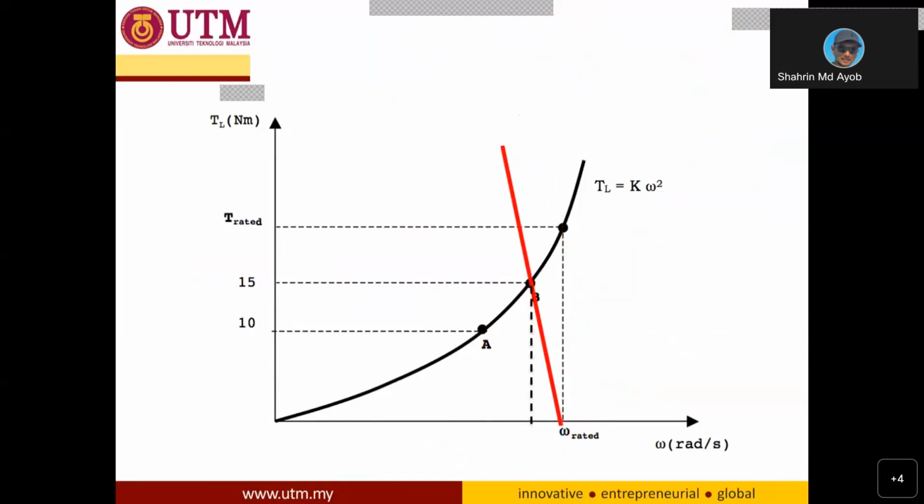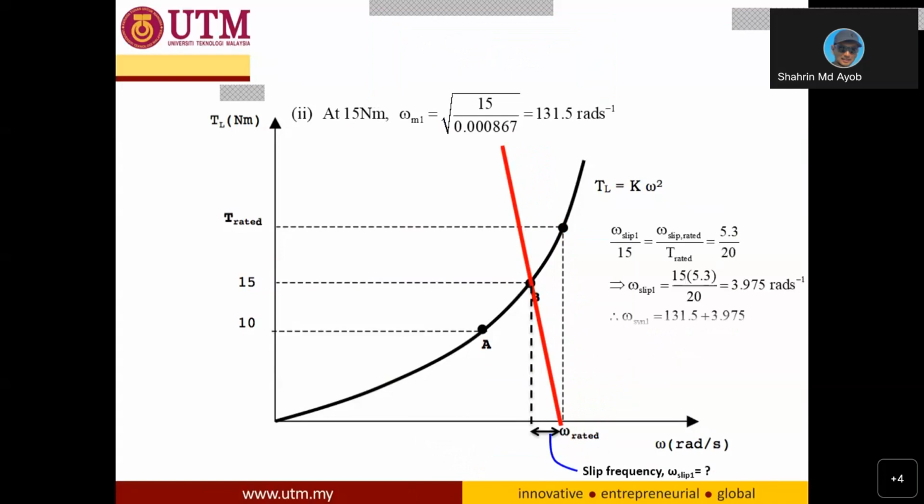So when at B. Okay. So this one what we have obtained 131.5, dia punya speed. Speed of the motor. And then right now what is the slip frequency? Okay. Because from that slip frequency or slip speed, you can obtain your synchronous speed. So to obtain the synchronous speed, this one you need to know.